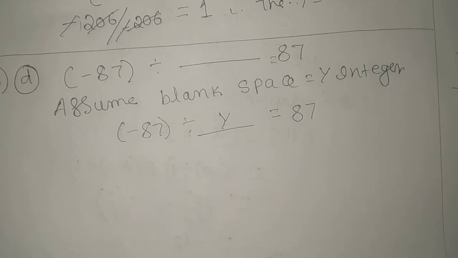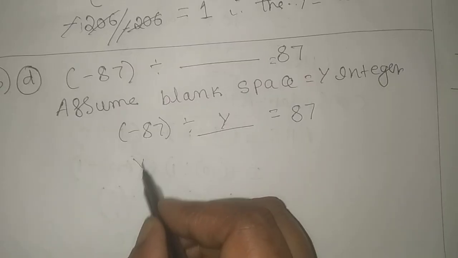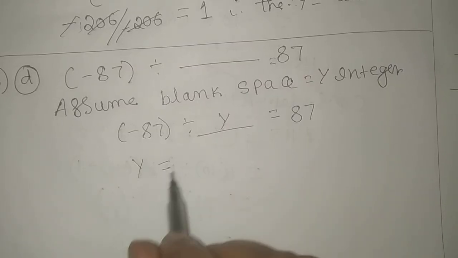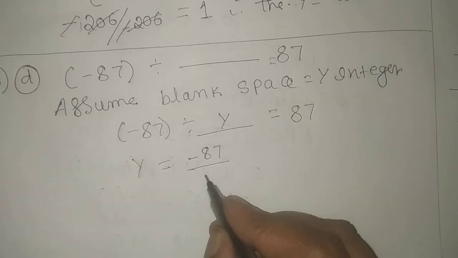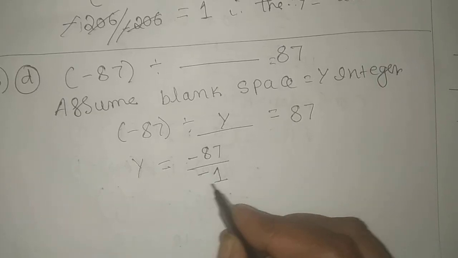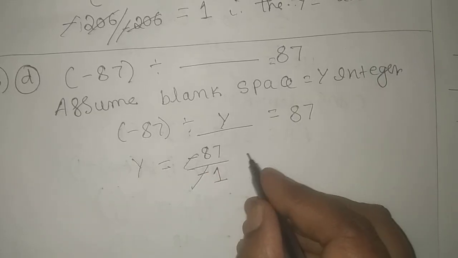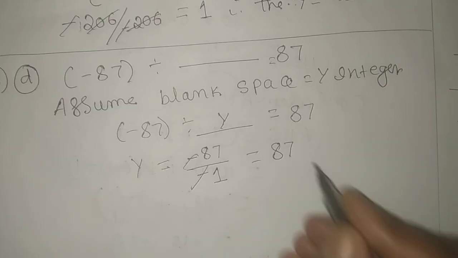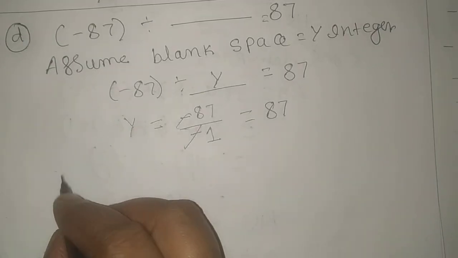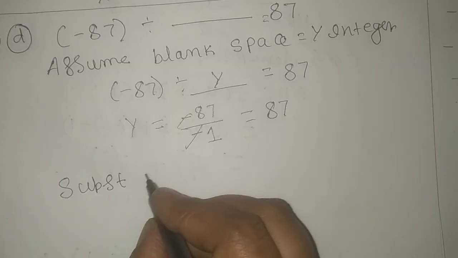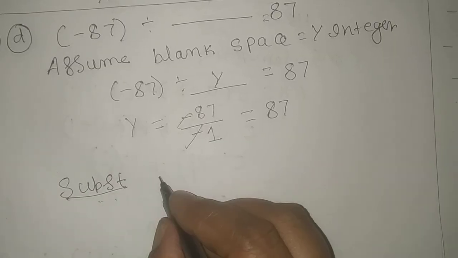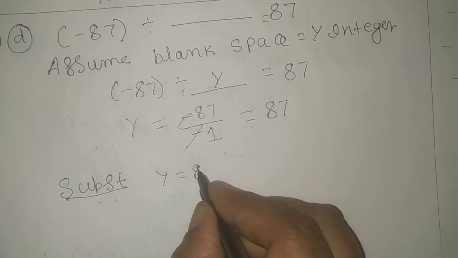Now how will you get 87 here? Therefore y is equal to minus 87 by minus 1. Cancel, cancel, you will get 87. Substitute y is equal to 87.